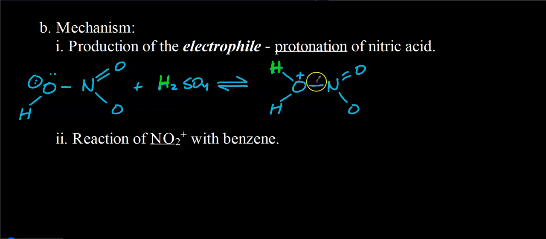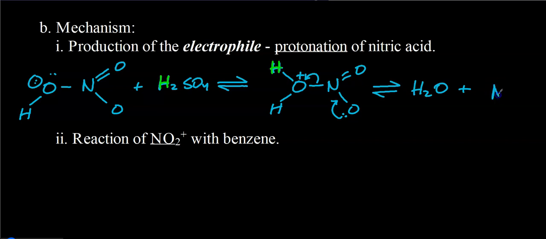And because of that, these electrons here are going to go to the oxygen to produce our leaving group, which is water. And then we have a lone pair of electrons on this oxygen, which are going to go there. And so we end up with our product. Again, this is a reversible step. And we get the formation of our electrophile, which is called nitronium.